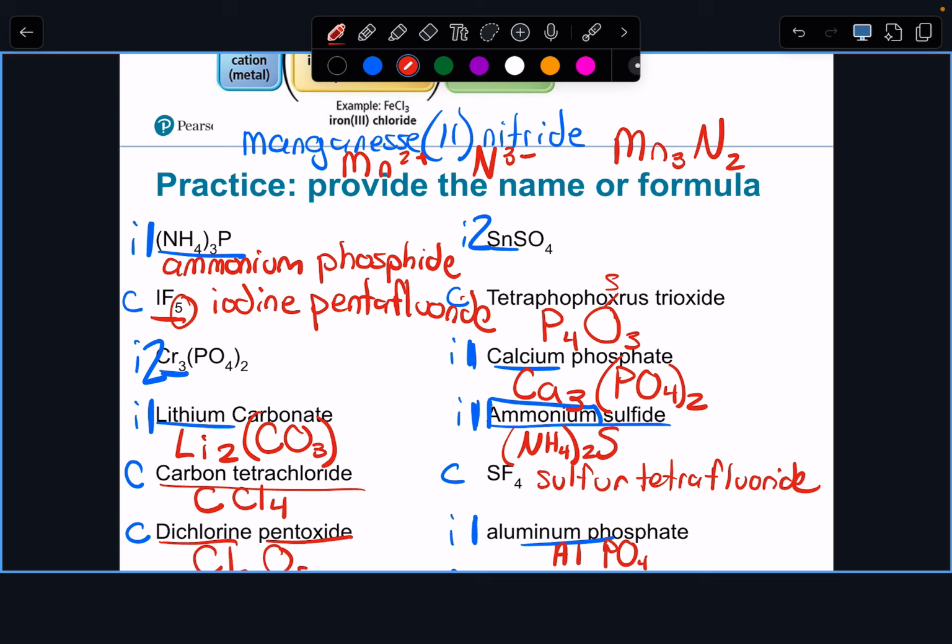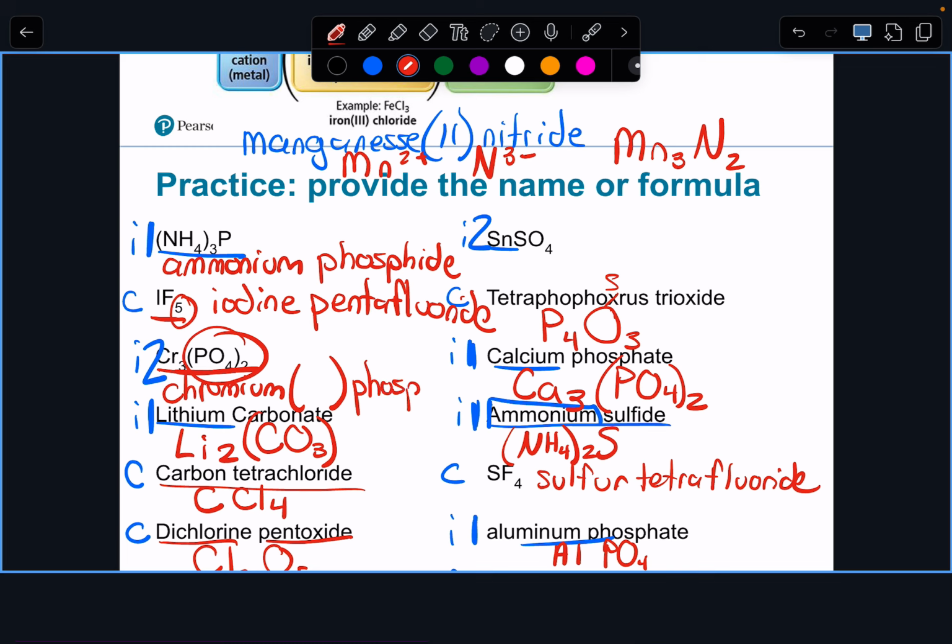Okay, for the other two that are formulas, we have to make sure to put the correct charge in parentheses. So the way that I like to tell you guys to do it is write down everything, leaving a blank for the charge, and then we'll figure out the charge. Okay, so chromium down here, chromium, some charge, and then PO4 is phosphate.